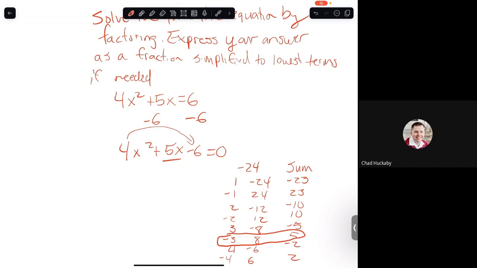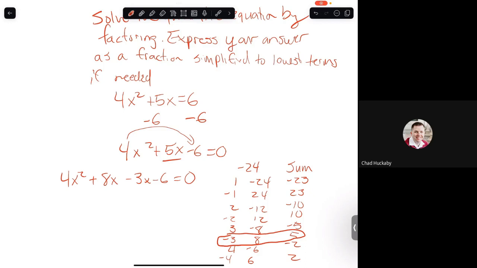Okay. We'll split that middle term into 4x squared plus 8x minus 3x minus 6 is equal to 0. So again, we split the middle term 5x into 8x minus 3x.